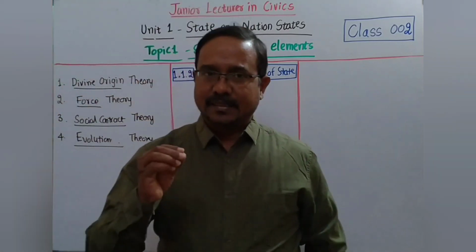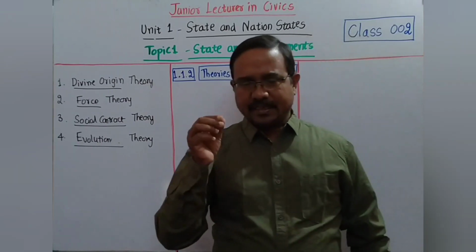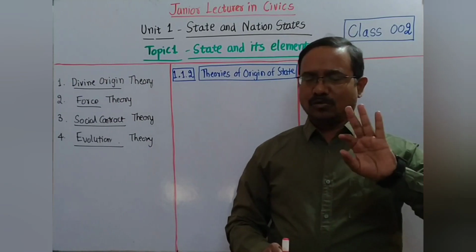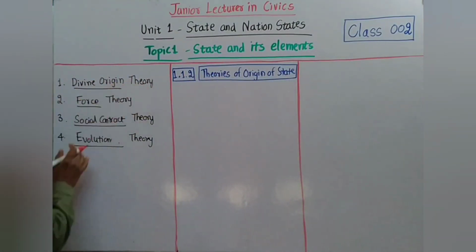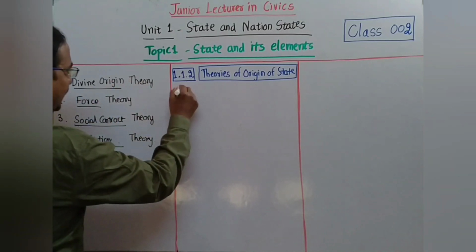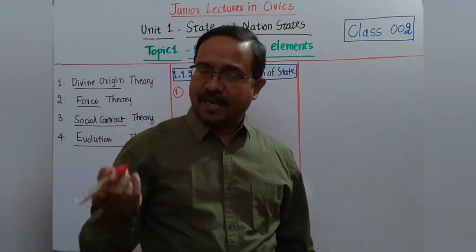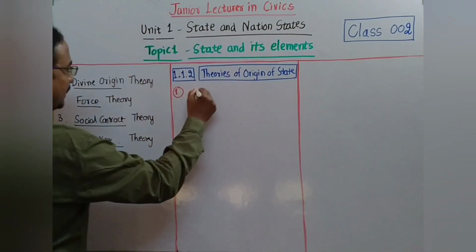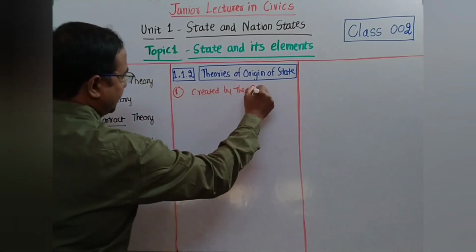That is, the state is created directly and deliberately by God. This is the most important point. We have to note it down. In the divine origin theory, the first theory, the state was deliberately and directly created by God.